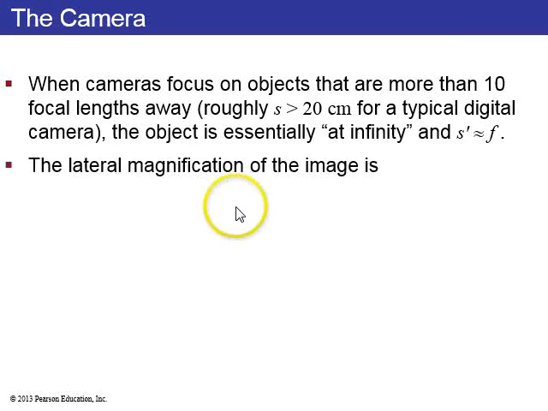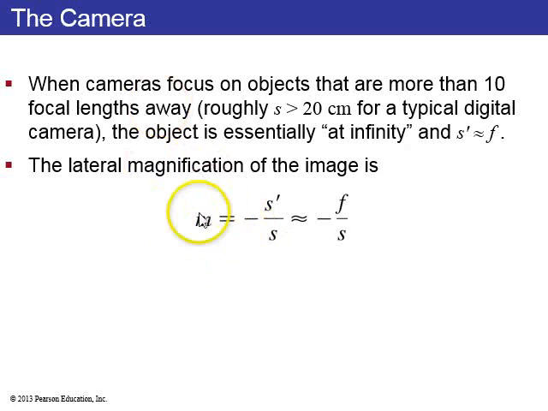So when cameras focus on objects that are more than about 10 focal lengths away, so that's greater than about 20 centimeters for a typical digital camera, then we would say that this object is at infinity, so that s prime for the lens is about equal to f. Okay, so 1 over infinity is 0, so the thin lens equation boils down to s prime equals f.